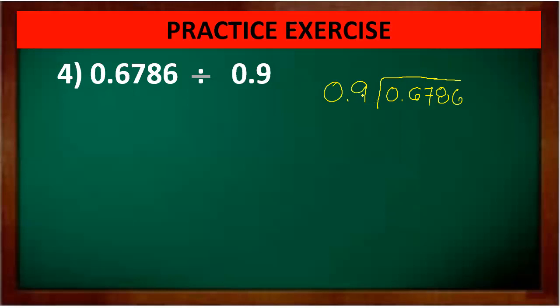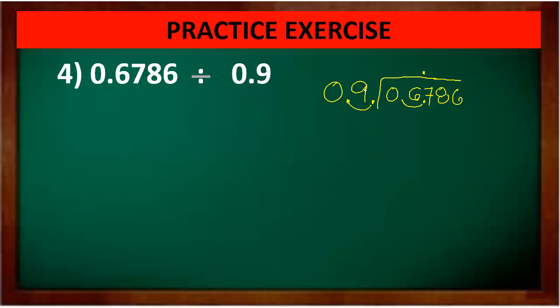So if we are going to make this a whole number, we move decimal place to the right, 1 decimal place only. So dito naman, i-move din natin ng 1 decimal place. Kasi 1 lang ang na-move dito sa divisor. Therefore, dito sa dividend, 1 lang din. So let's put the decimal point din dito sa quotient para hindi tayo magkamali.